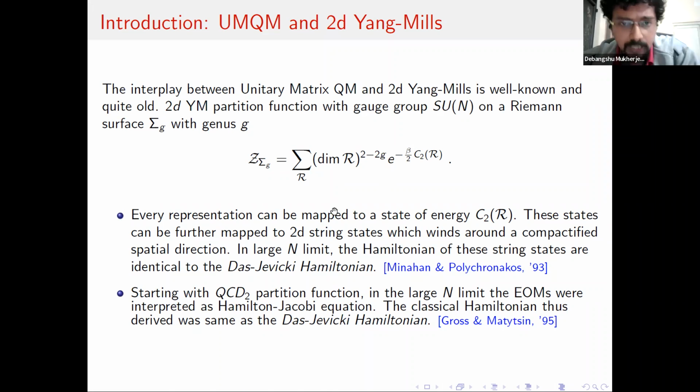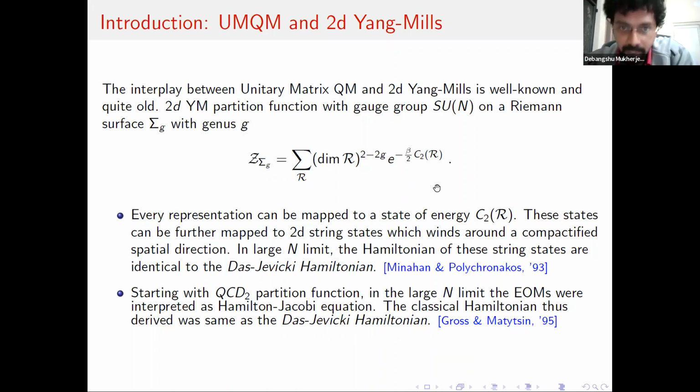Now, these energy states, Minahan and Polychronakos studied further in the context of 2D string theory. They mapped these states to 2D string states, which wind around a compactified spatial direction. In such closed bosonic string theories, this is exactly how the partition function comes out.